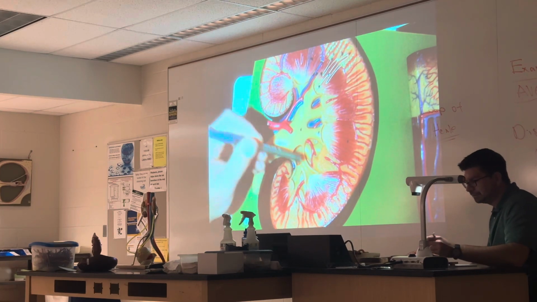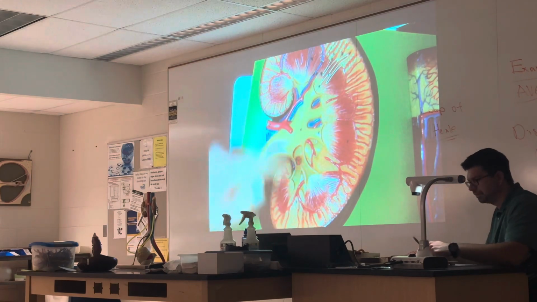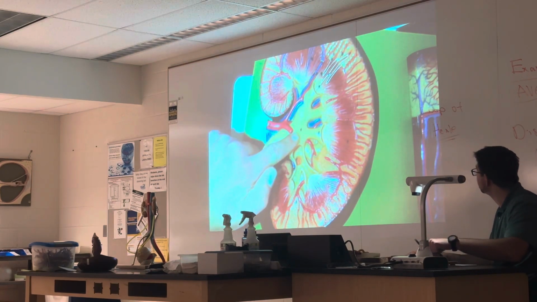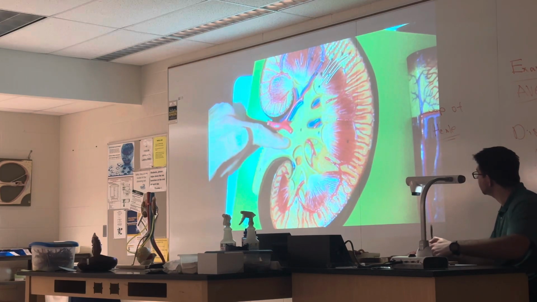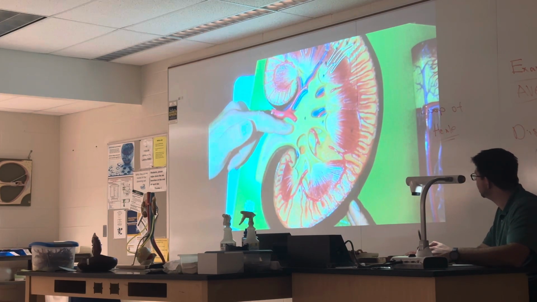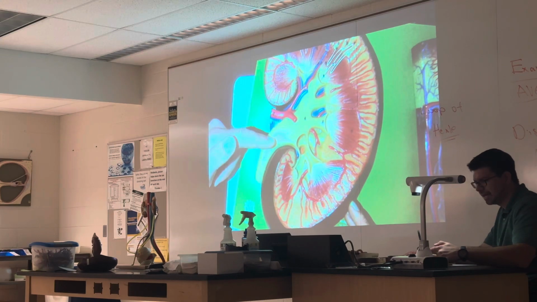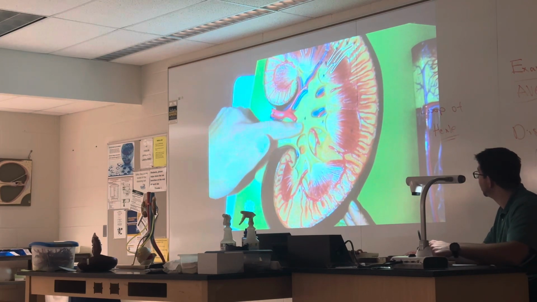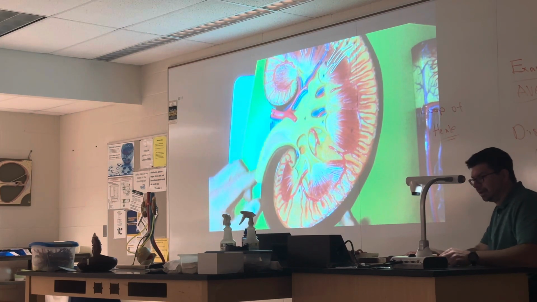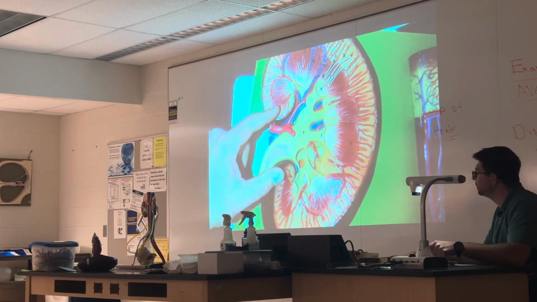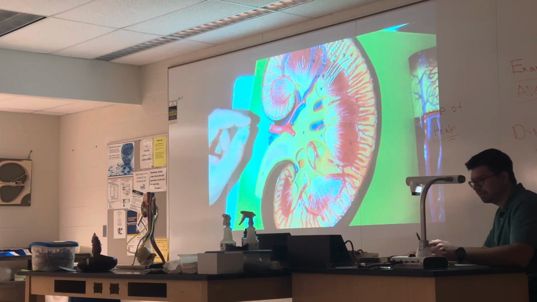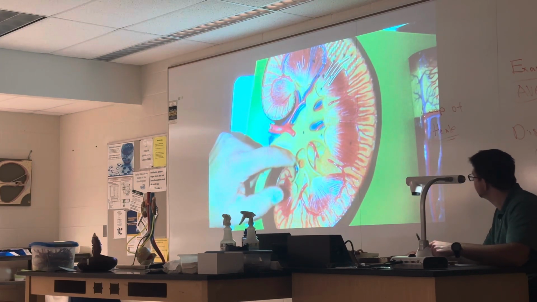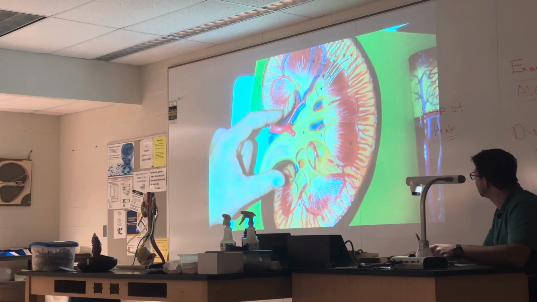And then from there, the urine makes its way into this structure here. This is your renal pelvis. So this is all the renal pelvis here, and then it even goes out of the kidney. So it continues down to here, the renal pelvis. This curved part of the kidney here is your renal hilum. So that's right where you have your renal artery and renal vein coming out, and of course the renal pelvis.